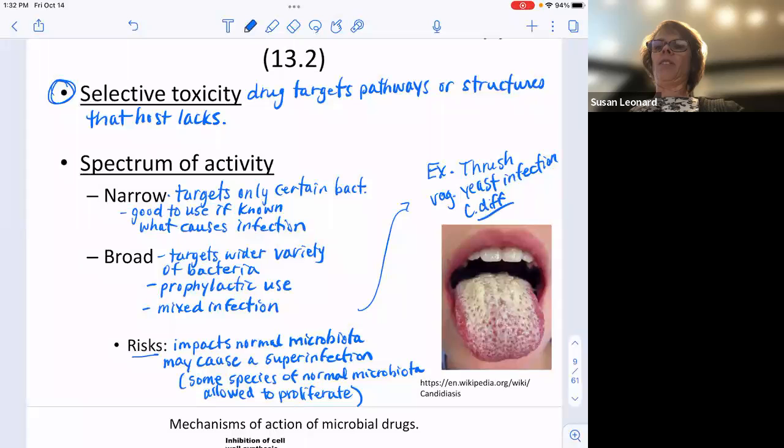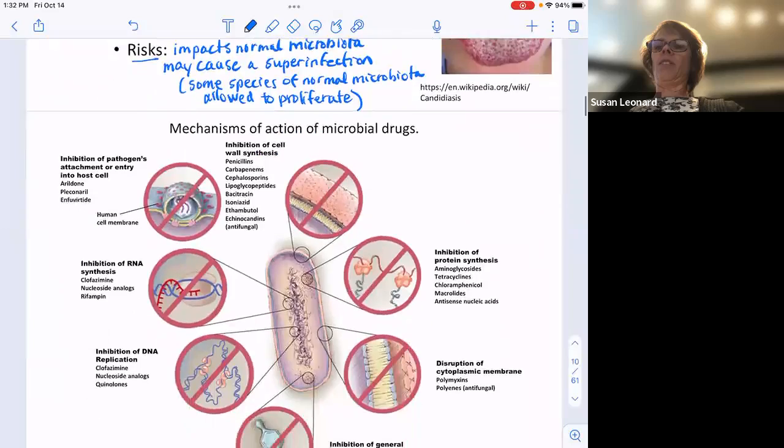And again, if that variety is changed a little bit, the C. diff can overgrow, and that causes a really nasty diarrheal disease, enterocolitis, that can be really debilitating, almost ulcerative even. So just some examples of superinfections, and why sometimes we may want to avoid giving a broad spectrum antibiotic if at all possible. Sometimes it can't be avoided.